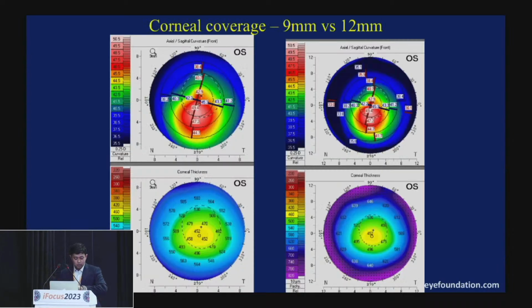An additional thing is looking at the corneal coverage, where normally what we take is a 9 mm scan, but you have the ability to image up to 12 mm as well. When you go further out into the periphery, it gives you more data points from the periphery, but you must also understand the peripheral data is not as accurate as the central data, so you have more extrapolation when it goes into the periphery. So as a standard, we measure the central 8 to 9 mm of the cornea, because it is the central cornea that we are most interested in.